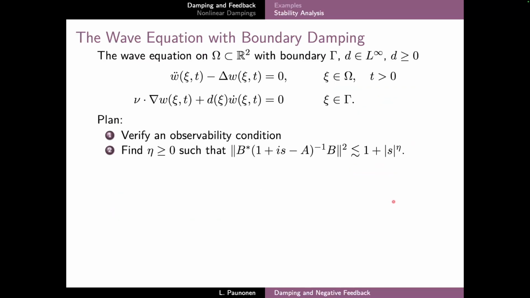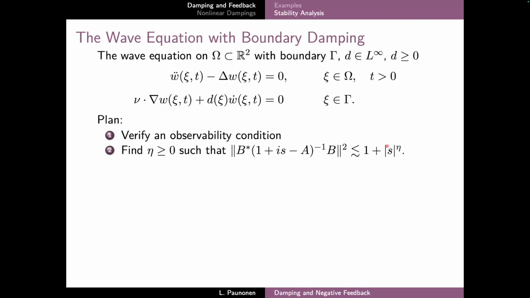And our plan is to identify and verify an observability condition that is satisfied by the corresponding operators of the abstract model. And in addition, we would like to find this parameter eta in such a way that we get this bound which also appears in our result.